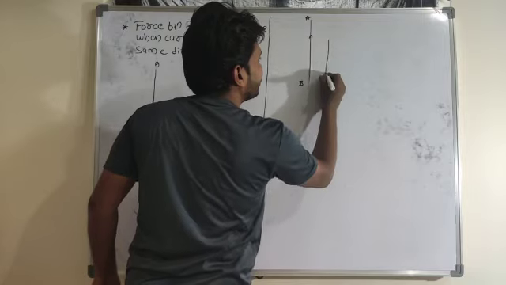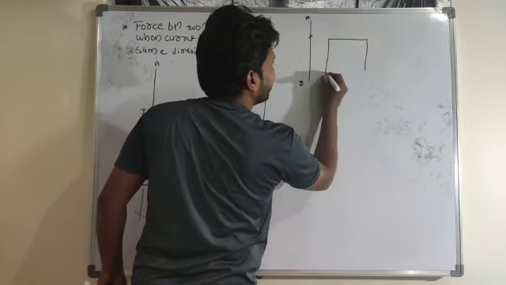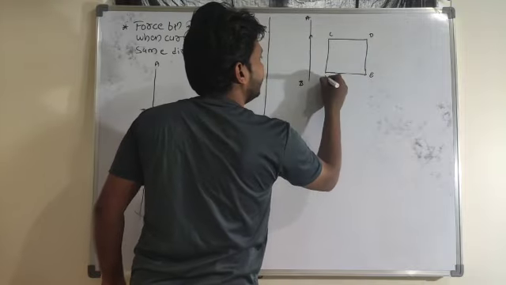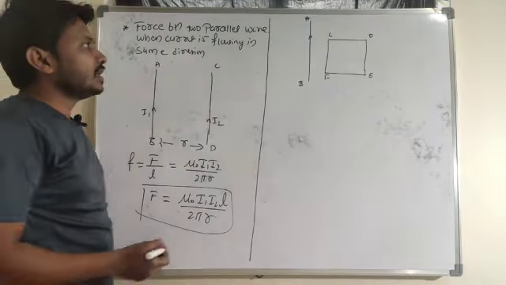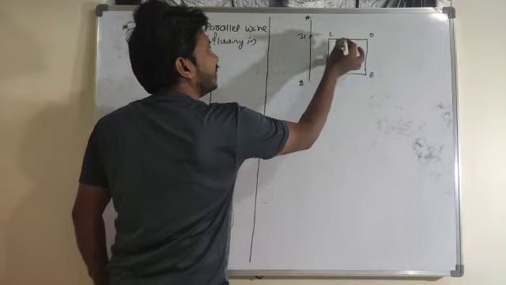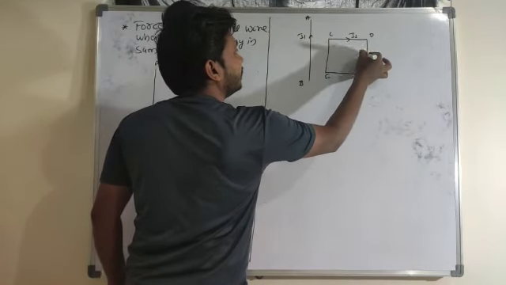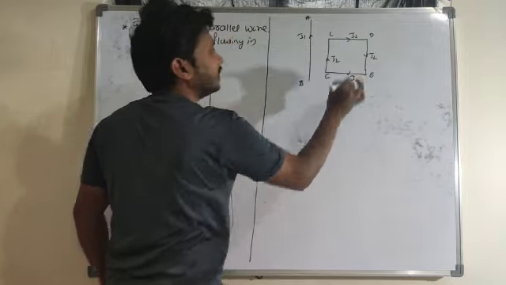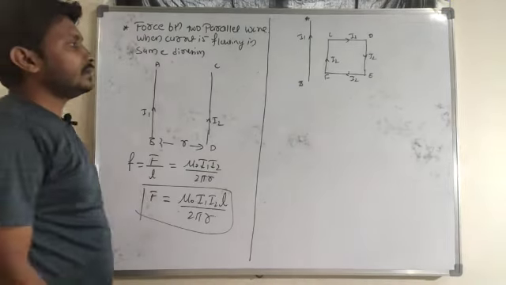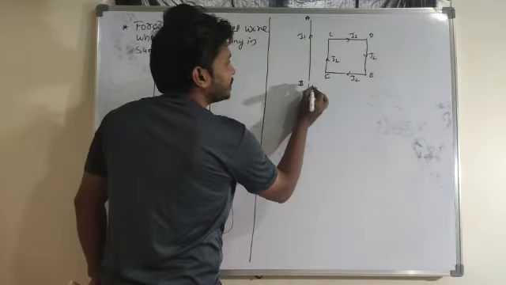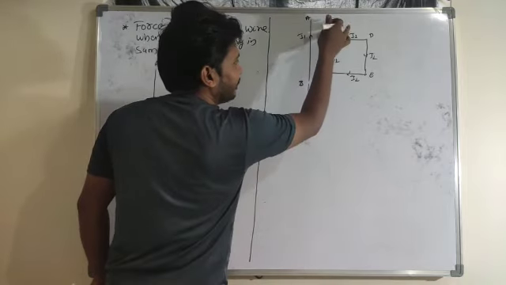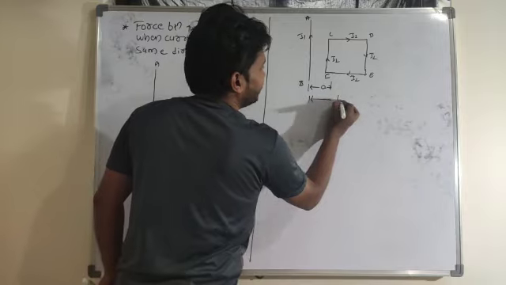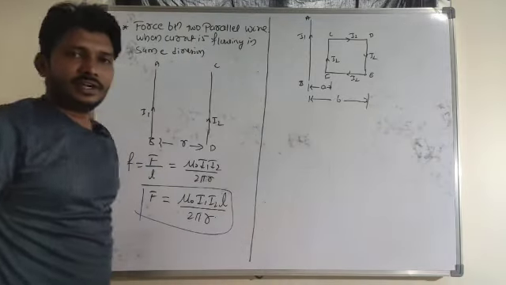Nearby this straight wire I will consider one rectangular coil CDEF. In the straight wire current I1 is flowing, and in the rectangular coil current I2 is flowing here. The distance between wire AB and the first side I will call A, and this distance I will take as B.